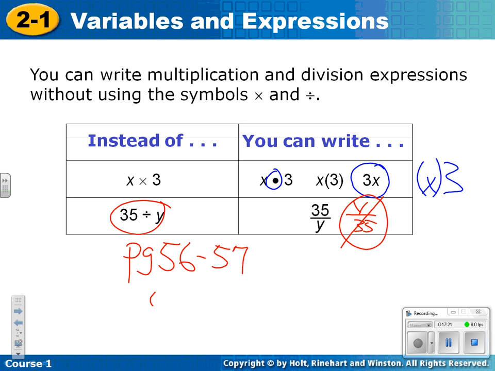I want you to do 4 to 10 even. And I want you to do 11 to 25 all. So that's out of your textbook.